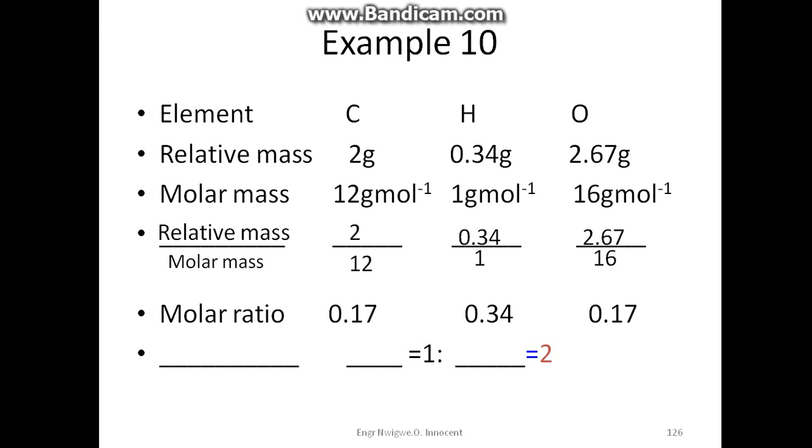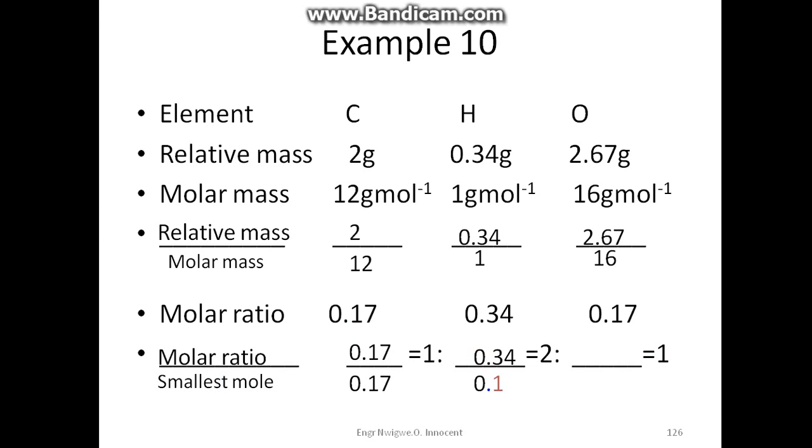Dividing by the smallest mole gives us the empirical formula. So 0.17 divided by 0.17 gives us 1, 0.34 divided by 0.17 gives us 2, and 0.17 divided by 0.17 gives us 1. The molar ratio is 1 is to 2 is to 1.